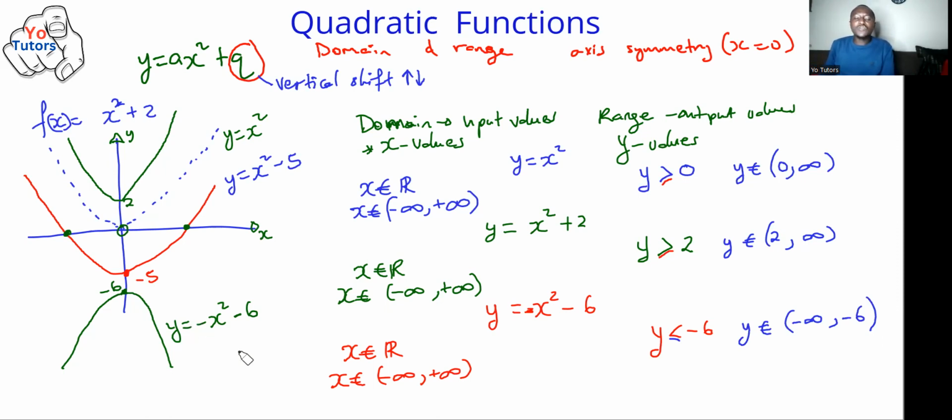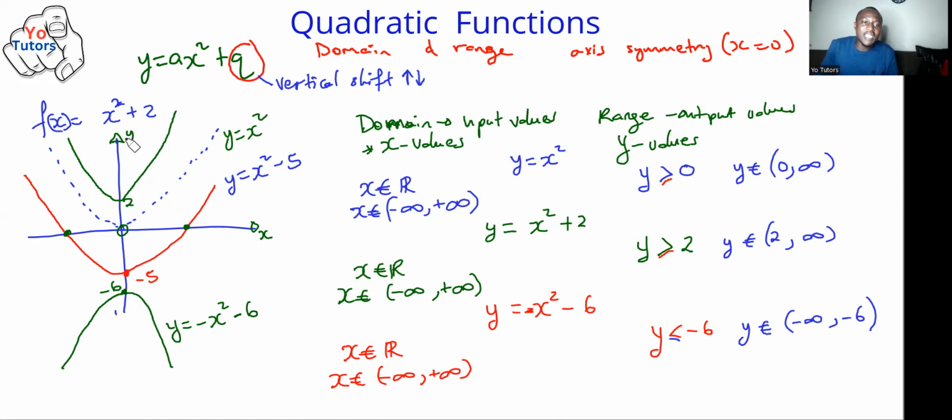Then I also want to indicate the axis of symmetry. This axis of symmetry is just x equal to 0. For your case now in grade 10, you just need to know that the axis of symmetry is x equal to 0. The axis of symmetry is the line that divides your graph in half, into mirror images. So here the axis of symmetry is actually x equal to 0.